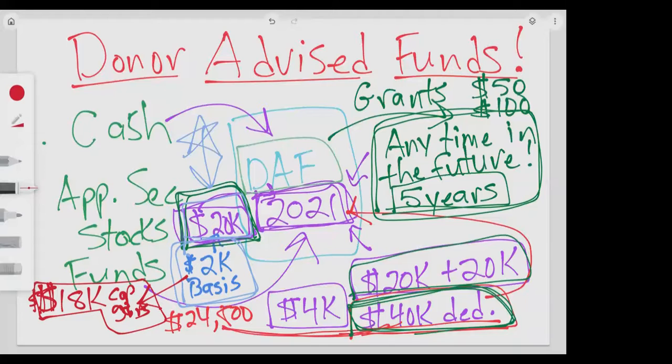That's another $4,000 to $5,000 of tax savings on the capital gains. You are not having to pay taxes. Cross this out. No capital gains taxes on that appreciation from 2K to 20K that would have been taxed at short-term or long-term capital gains.